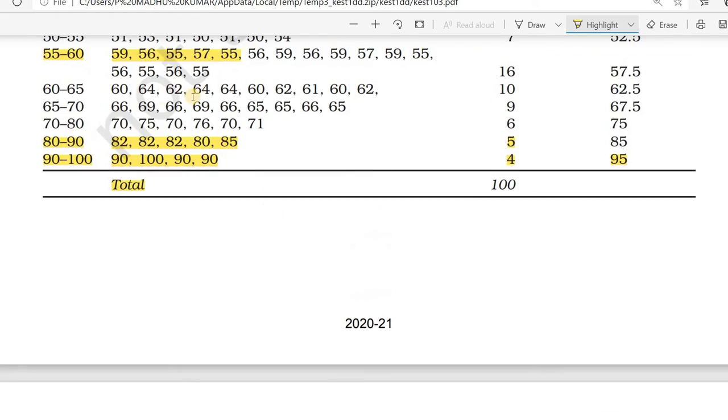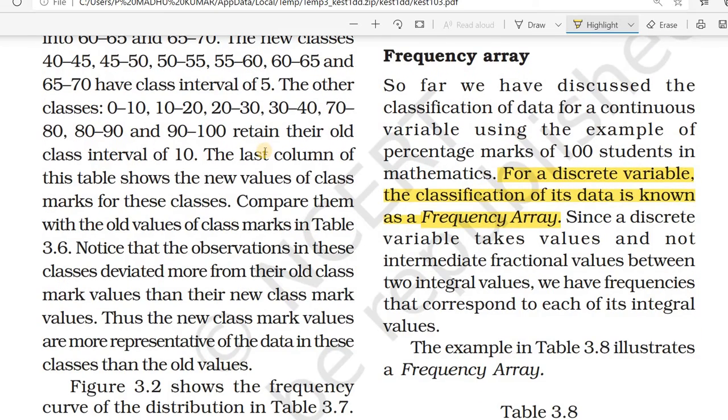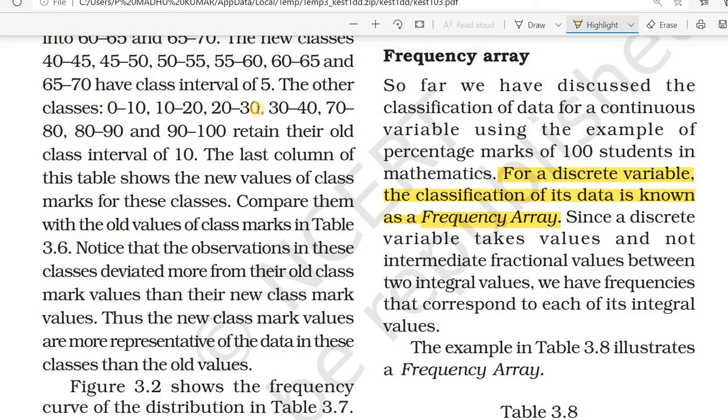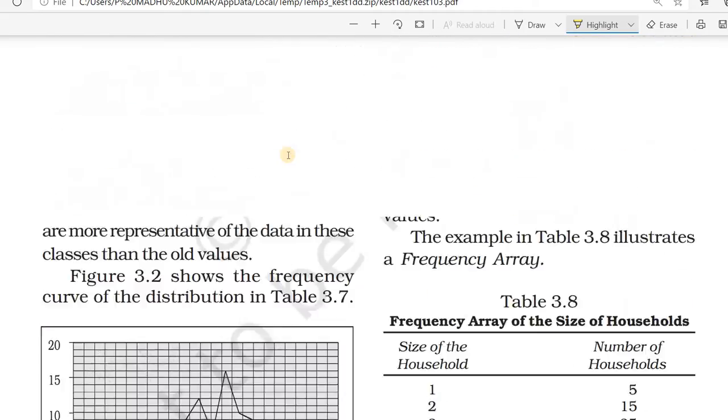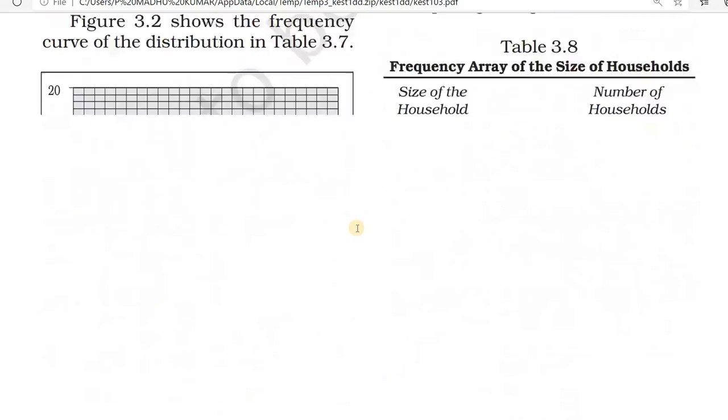Like that different classes are there, and we will take the class mark. The other classes are 0 to 10, 10 to 20, 20 to 30, 30 to 40. The last column of this table shows the new values. Compare them with the old class mark values in the table.